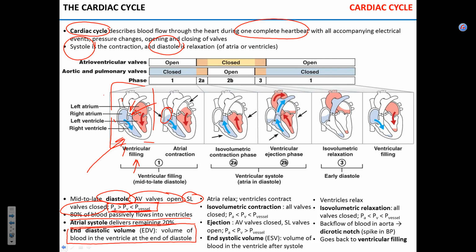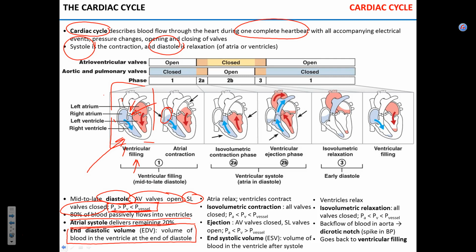This is the maximum amount of blood that gets into the ventricle. So end diastolic volume is how much blood can be in the ventricle before it starts contracting. Is that understood? Okay, good.